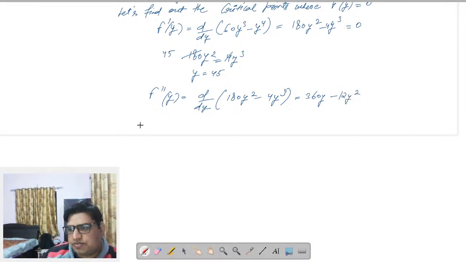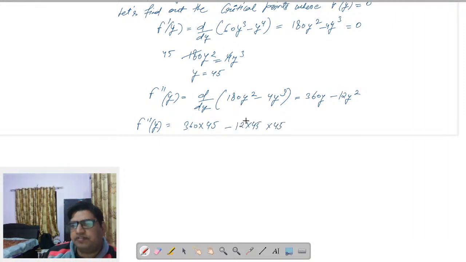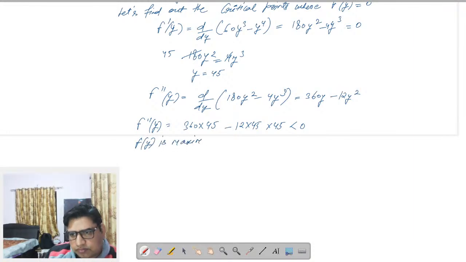If we substitute the value into it, f double dash y will be 360 into 45 minus 12 into 45 into 45, and that is less than 0, so f(y) is maximum at y equal to 45.